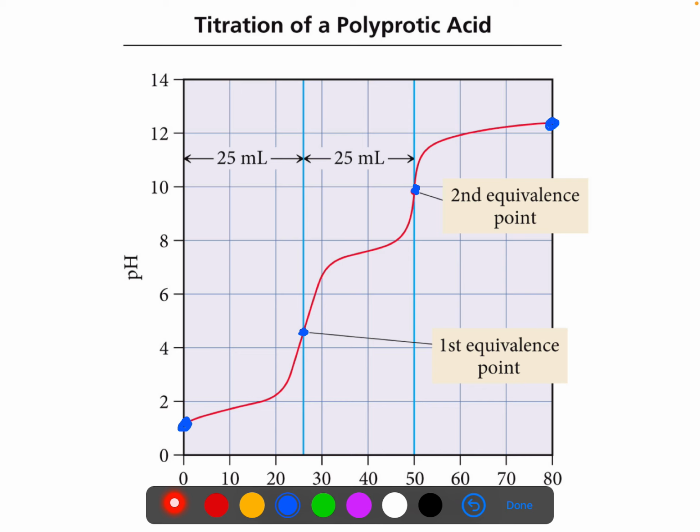So since this has two equivalence points, this is one of those diprotic acids. So this might be something like H2SO4 that has two hydrogens that ionize, and each equivalence point accounts for each hydrogen that is ionized. And notice that the equivalence points take about the same volume because they are the same molarity. I just wanted you to be aware of these if they come up.